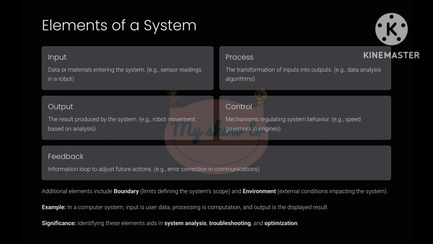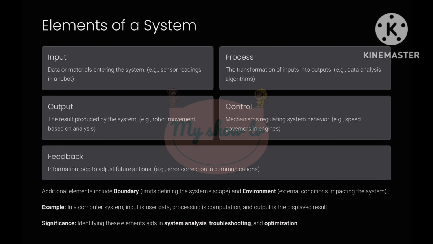4. Control. Mechanisms that regulate the system, ensuring it operates within desired parameters. 5. Feedback. Information returned to the system to guide future operations or adjustments. 6. Environment. External factors interacting with the system that may affect its performance. 7. Boundary.